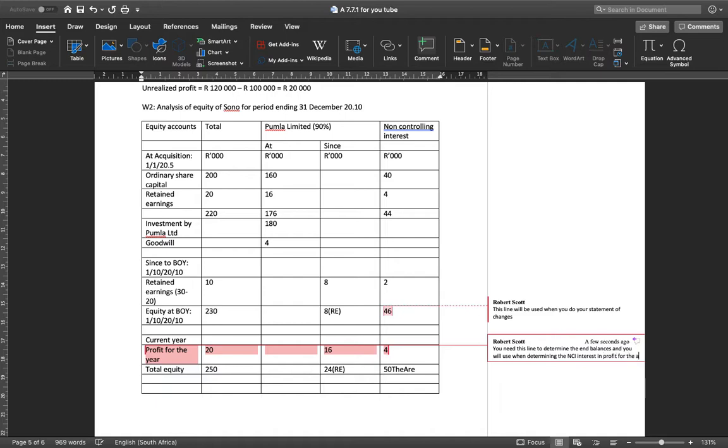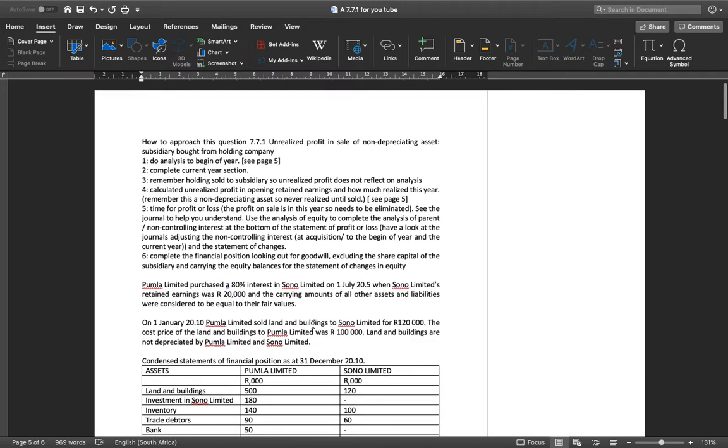And that 4 belongs to the non-controlling interest, that is going to show as attributable to non-controlling interest, and the balance is going to be for the parent. You can go and see that if you go and look at the consolidated profit or loss.